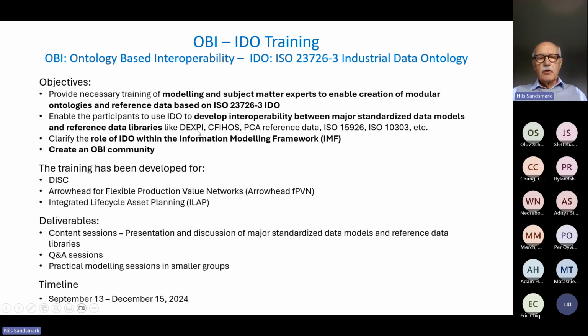I listed a few here: DEXP, CFOS, PCA reference data, and also ISO 15926 and ISO 10303. Between 25 and 30 standards have been listed in the PVN project, excuse me.